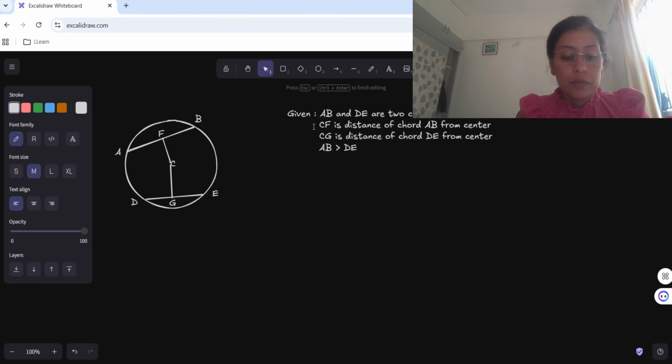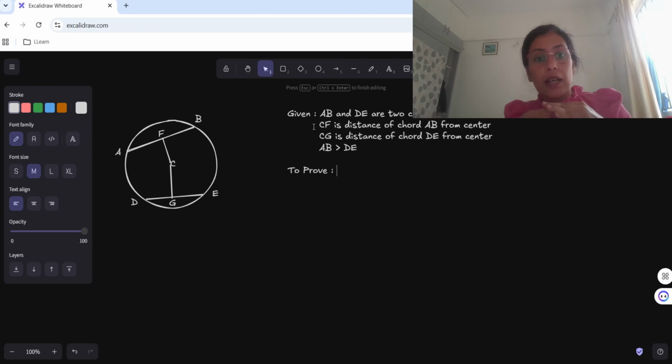Now, what do we need to prove here? What we need to prove is that the distance of the longer chord from the center is lesser than the distance of the shorter chord. What we mean here is a longer chord will be at a less distance from the center.